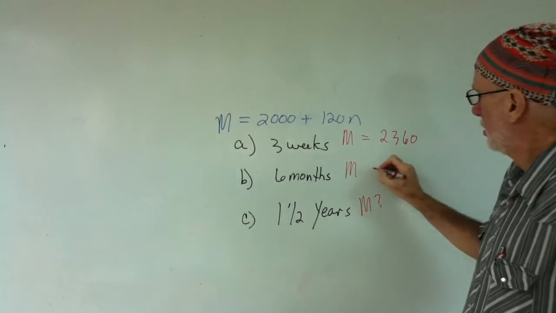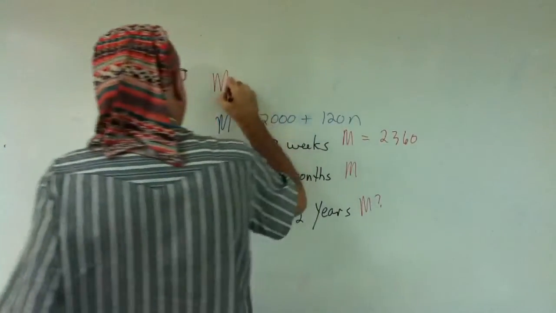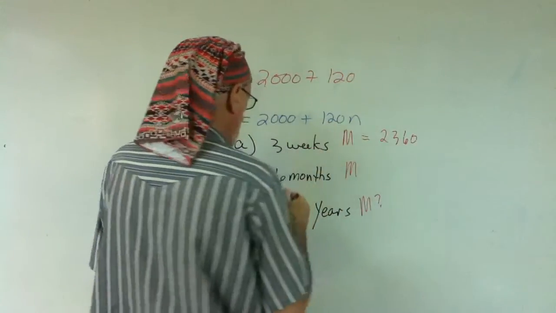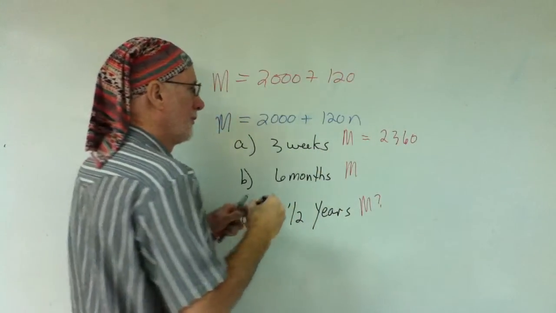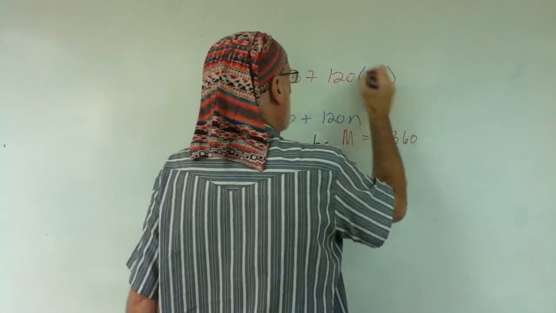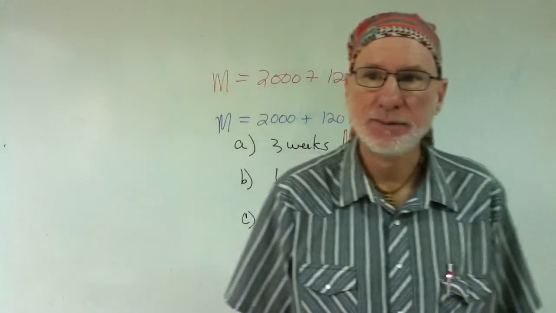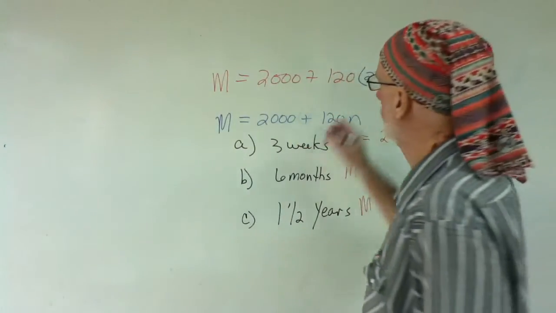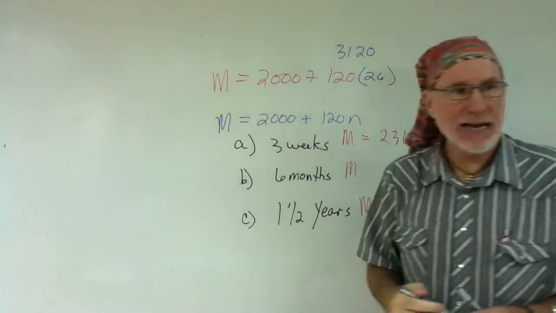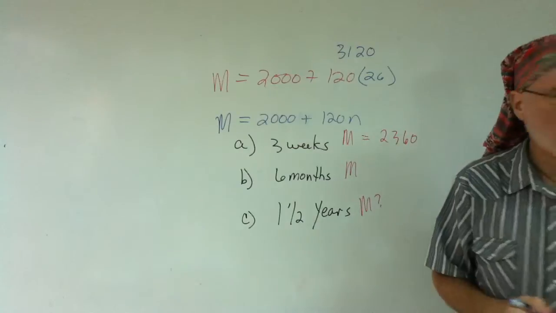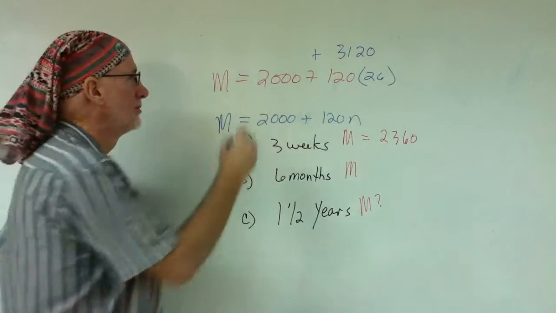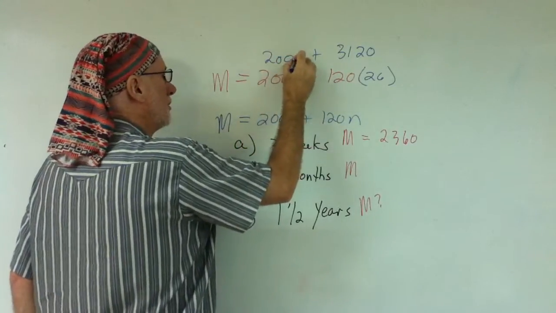Okay. So M equals 2,000 plus 120 times what? Times 26. So take out your calculator. What is 120 times 26? 3,120. Is that correct? Yes. Plus the original amount, 2,000.